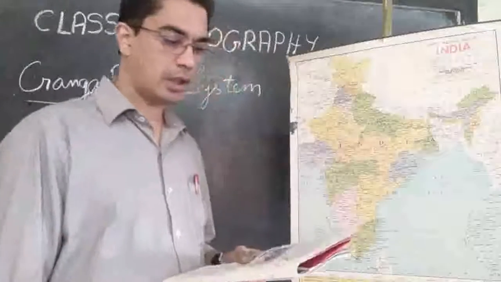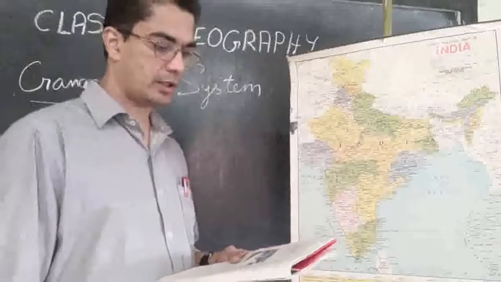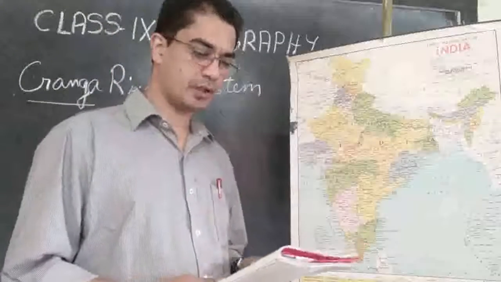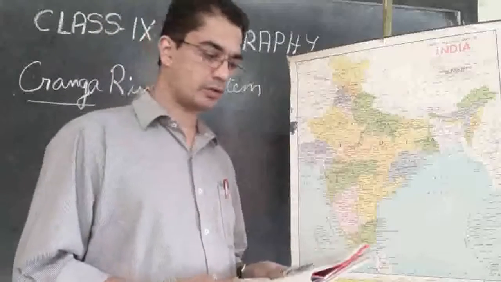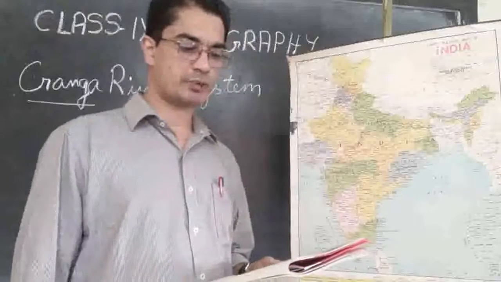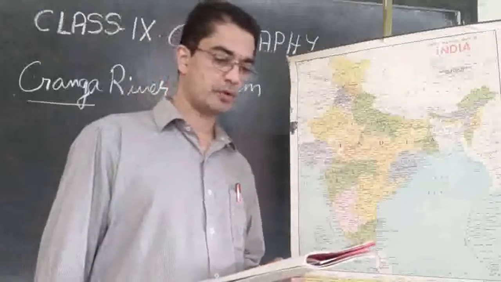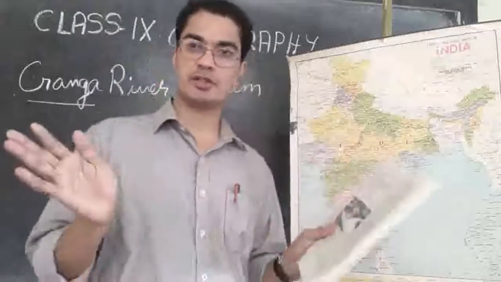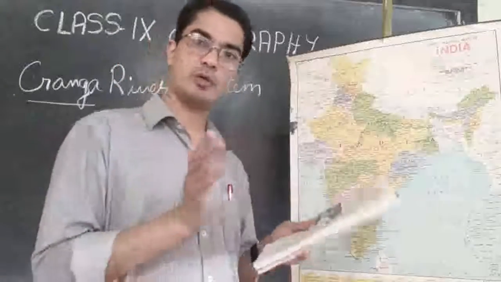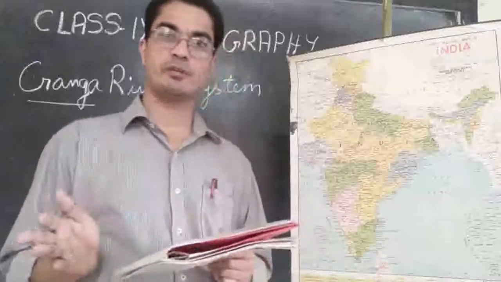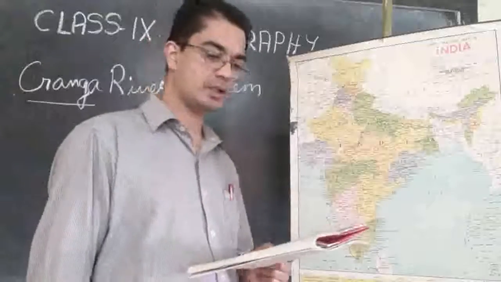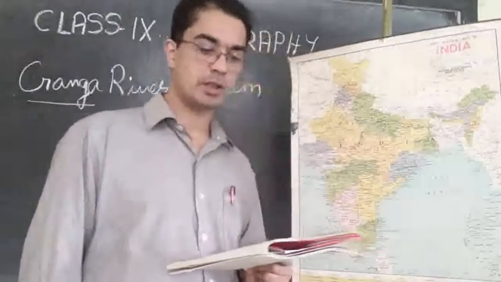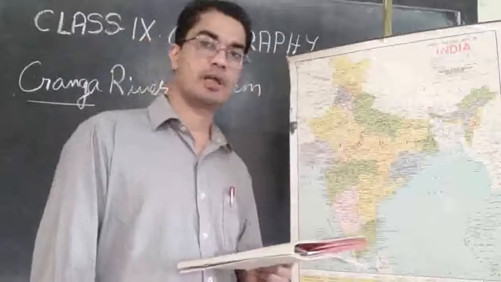And the Bhagirathi Hooghly, that is a distributary, flows southwards through the deltaic plains of West Bengal. So one branch will be called Ganga, and the other will be given another name, the Bhagirathi Hooghly river.